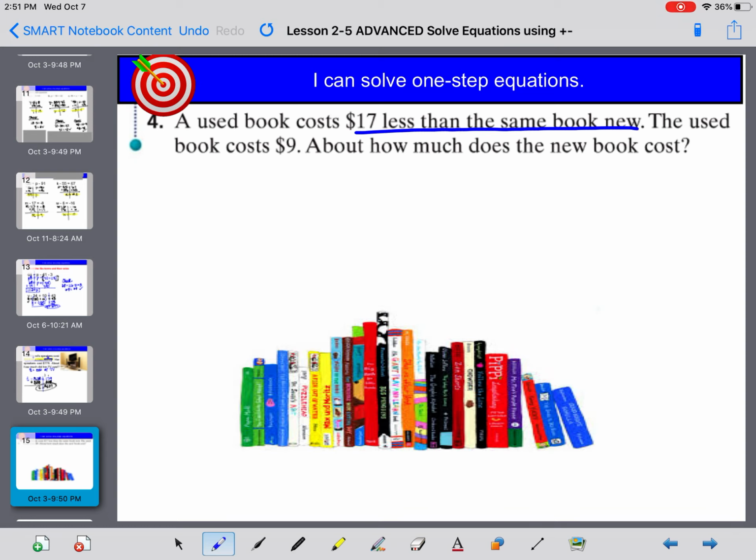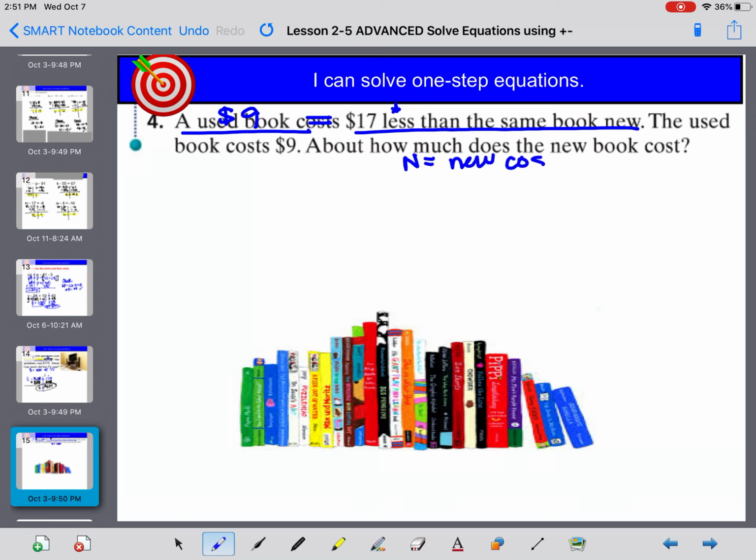A used book costs $17 less than the same book new. The used book is $9. So the $9 book is $17 less than the same book new. How much is the new book?